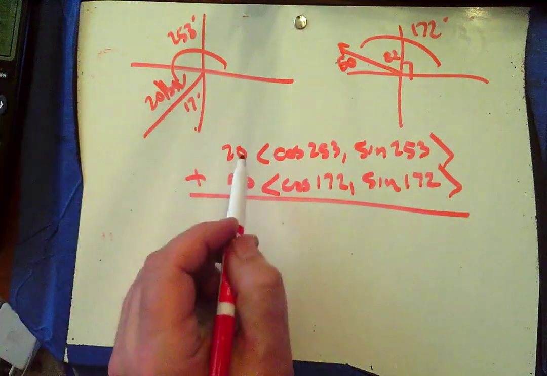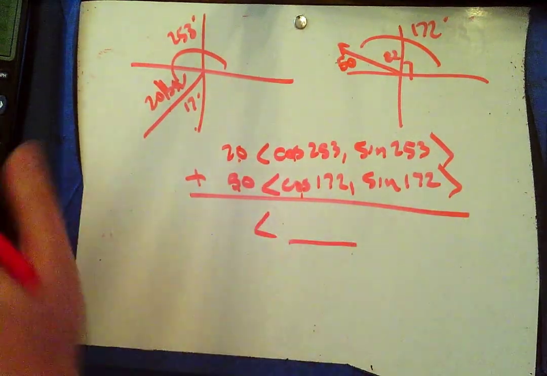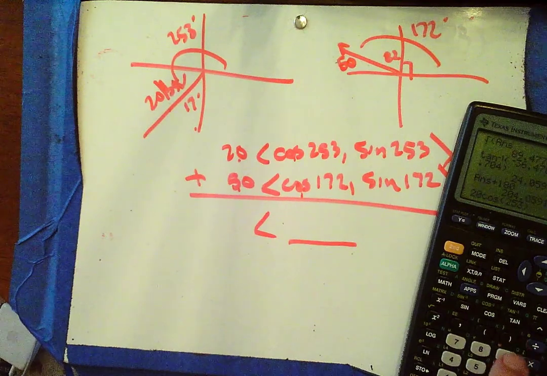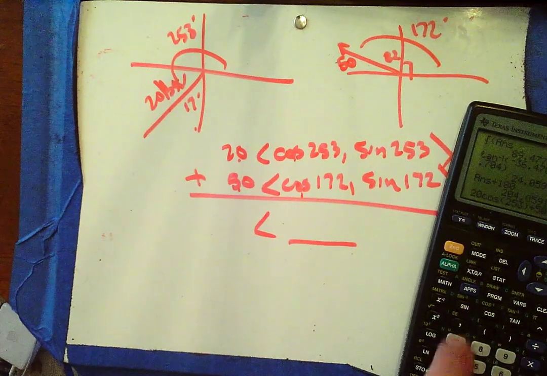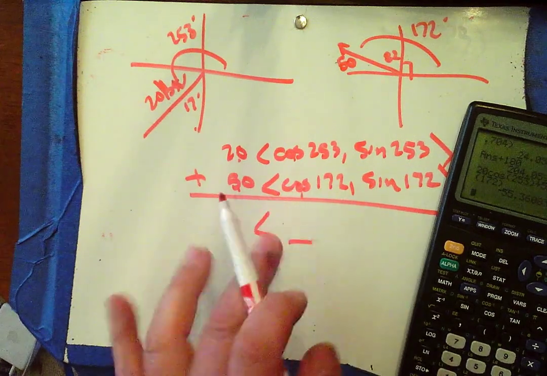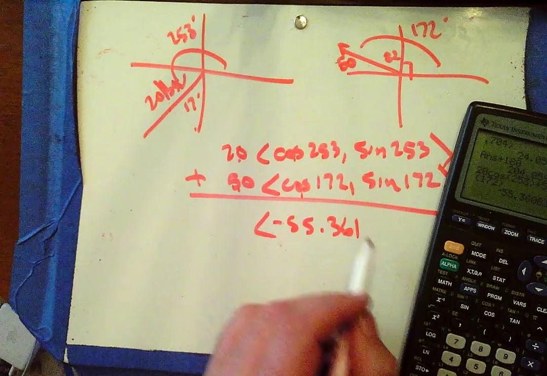these together. 20 times this plus 50 times that is going to be my x component. 20 cosine 253 close parentheses plus 50 cosine 172, and I get negative 55.361.